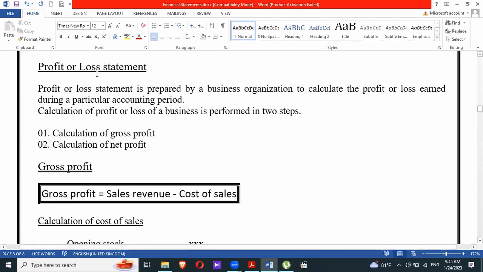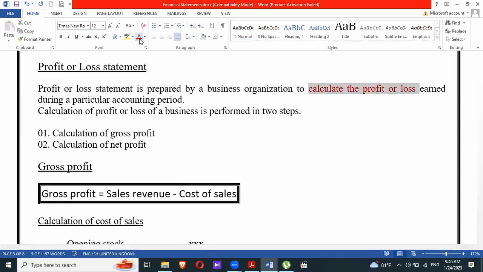The profit or loss statement is prepared by a business organization to calculate the profit or loss earned during a particular accounting period. We have already discussed this; earlier I told you that is the operational result. Here I have given the words calculate the profit or loss.